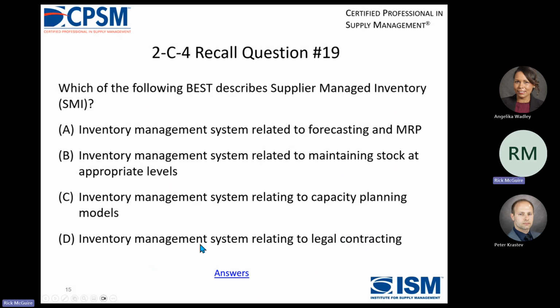Not legal contracting, throw that out. And it's not capacity planning. Well, it could be kind of misconstrued that way, but I'm thinking B is the best answer. Have I got any other ideas? I'm going with B.